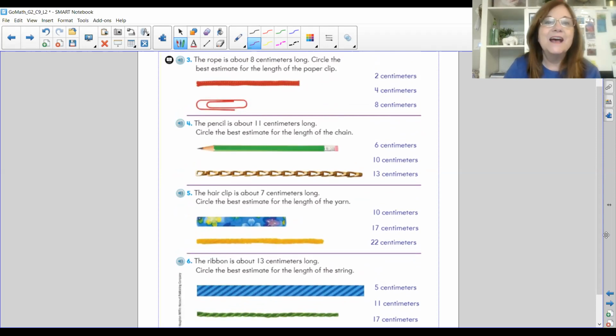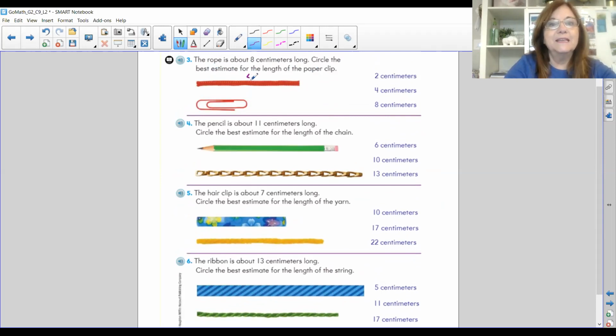Okay, number 3. The rope is about 8 centimeters long. So circle the best estimate for the paper clip. So if the rope is 8 centimeters total, here's the paper clip. So if this is 8, where about do you think the paper clip comes in?